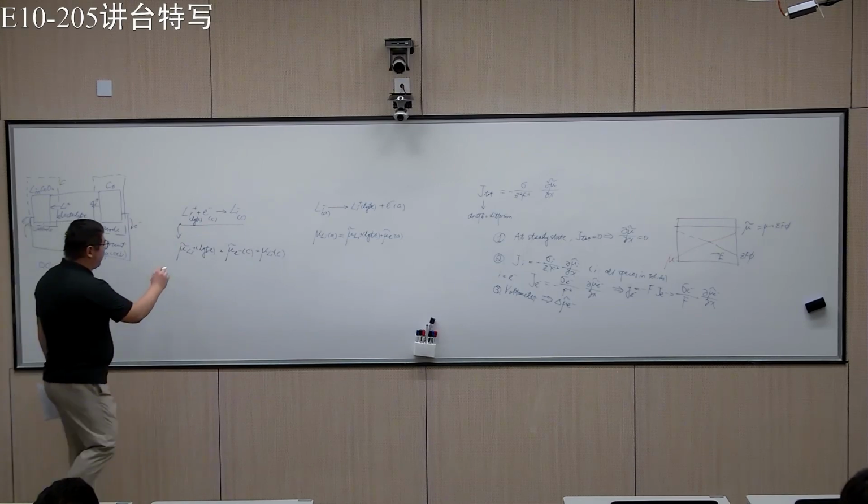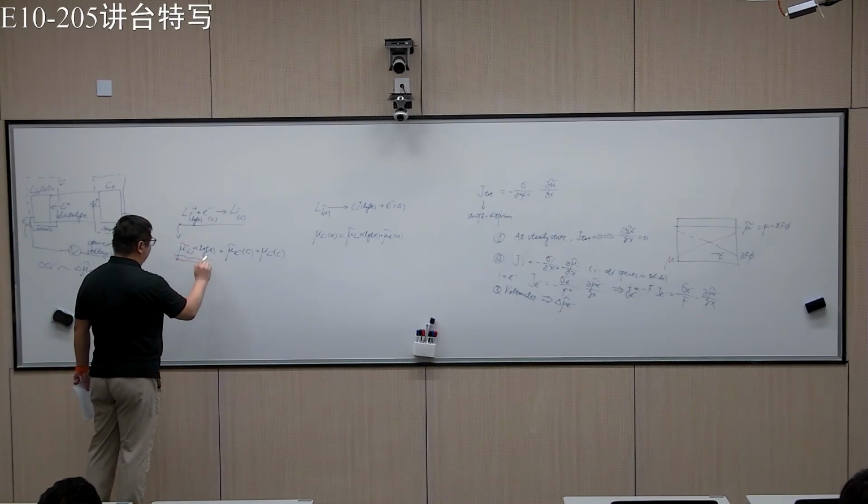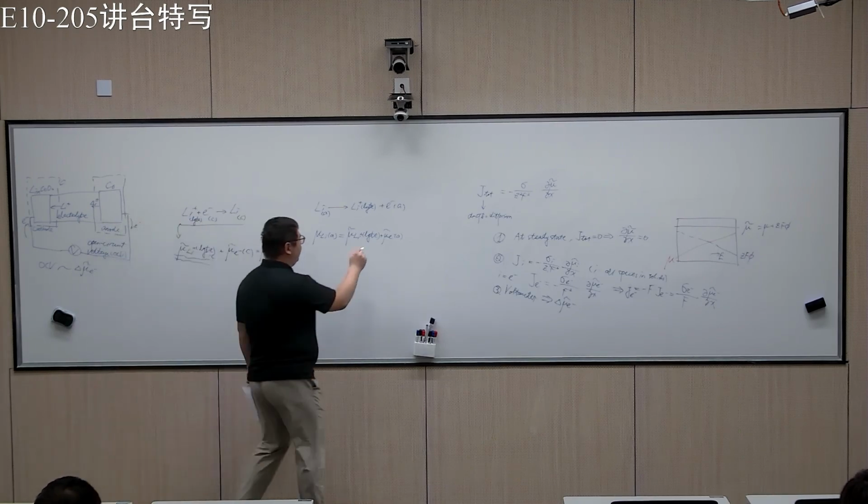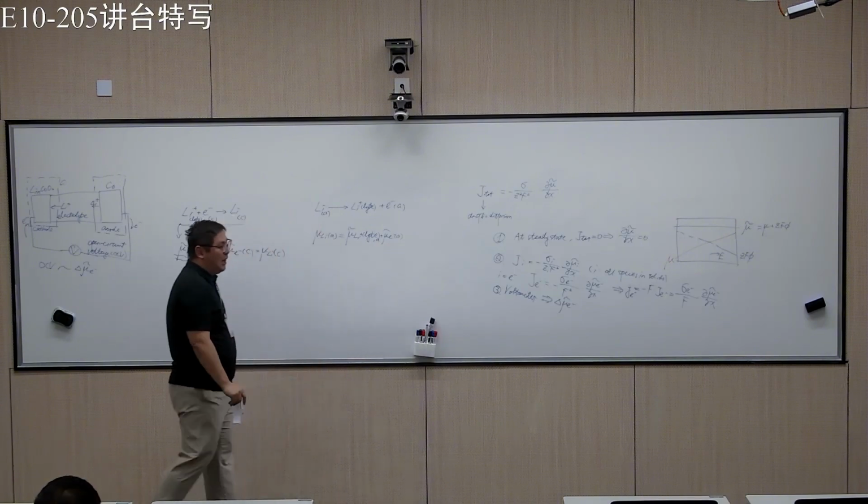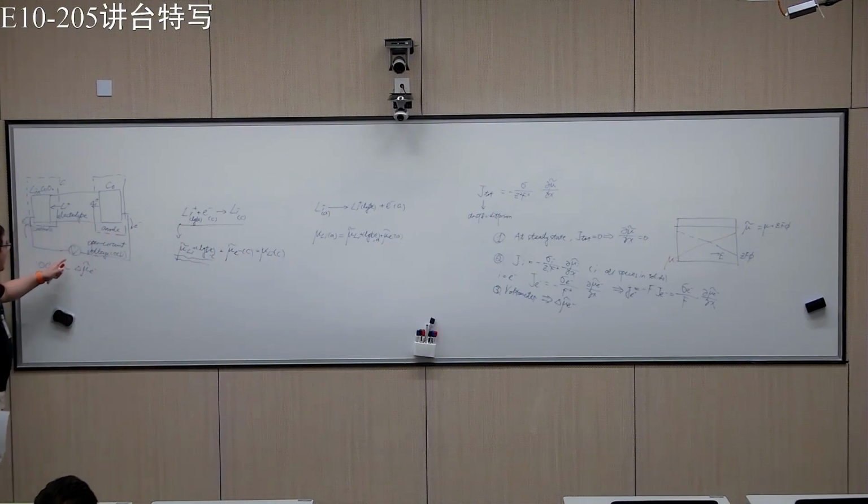So we know that this is, let's say, the electrolyte near the cathode, and this one is near the anode. However, what I said is the open circuit condition, which means that there's no net motion of the lithium ions in this case.